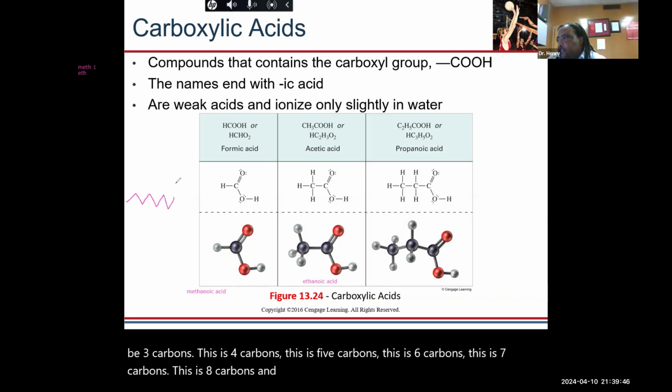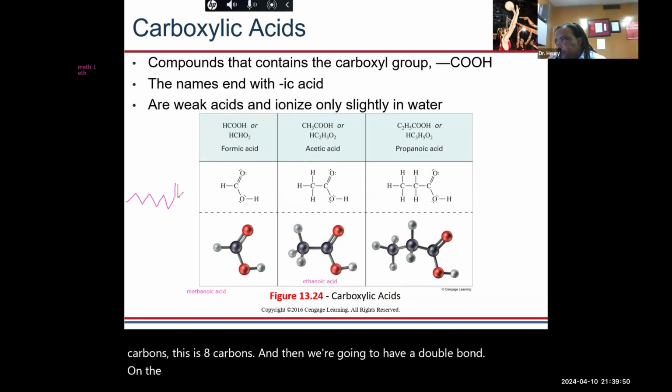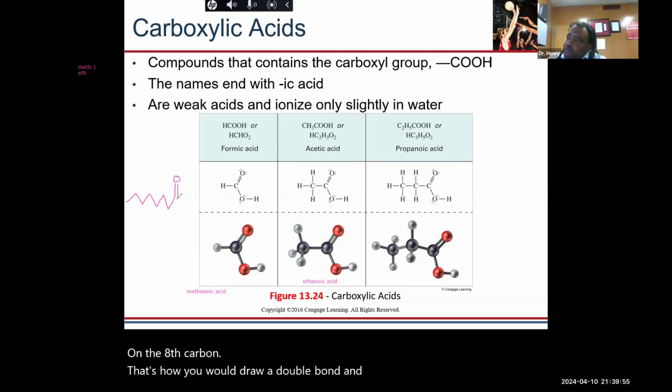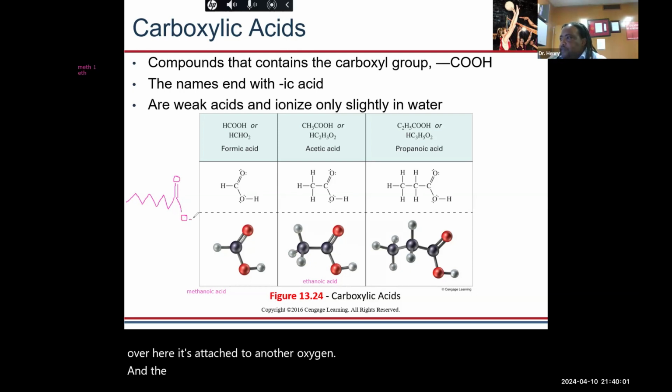Then we're going to have a double bond on the eighth carbon. That's how you would draw a double bond, and it's attached to an oxygen. Over here, it's attached to another oxygen and a hydrogen. So that's 1, 2, 3, 4, 5, 6, 7, 8.